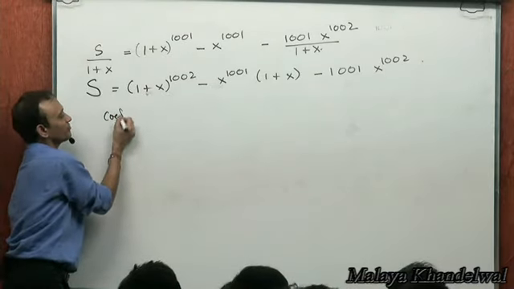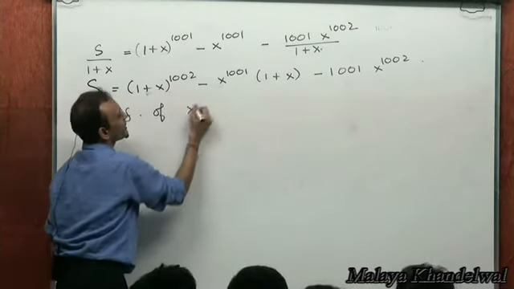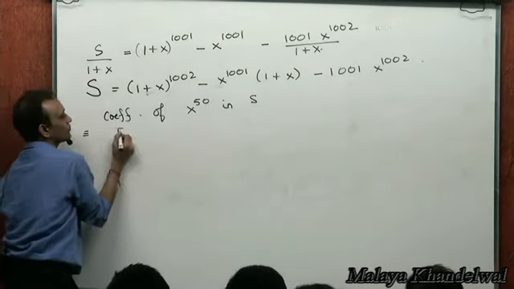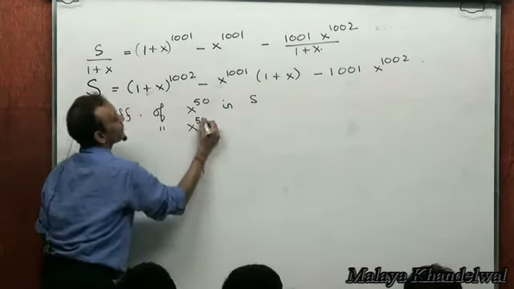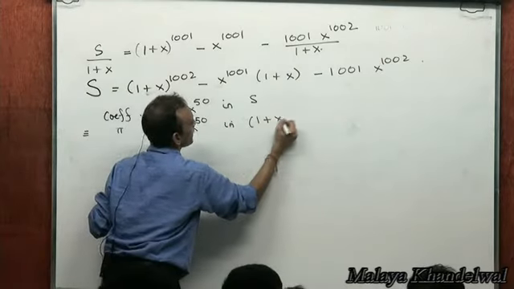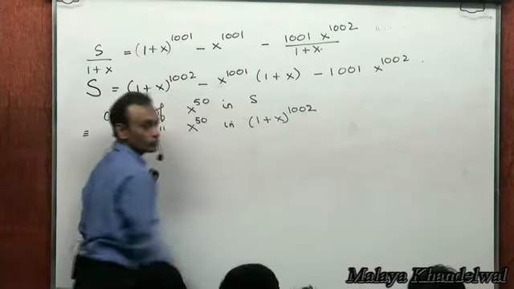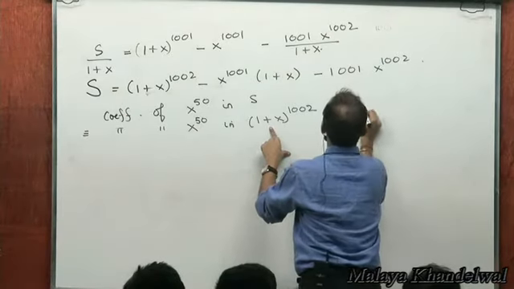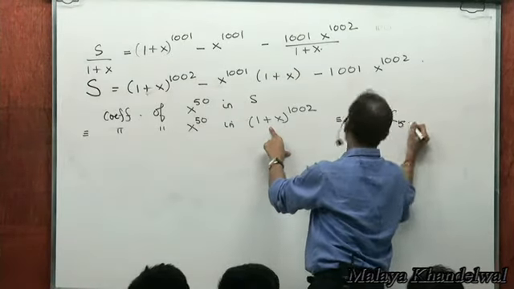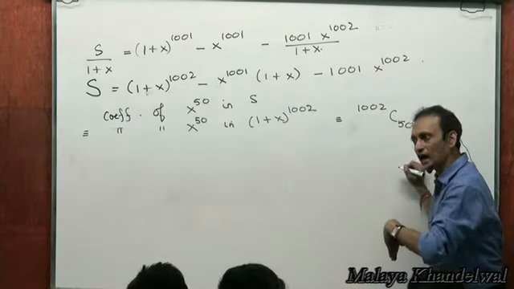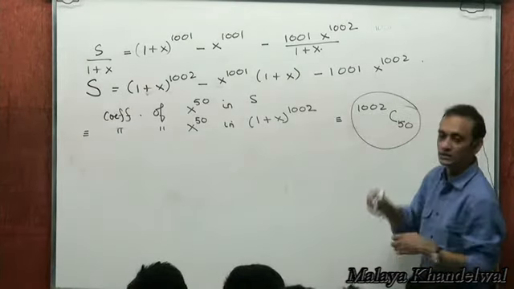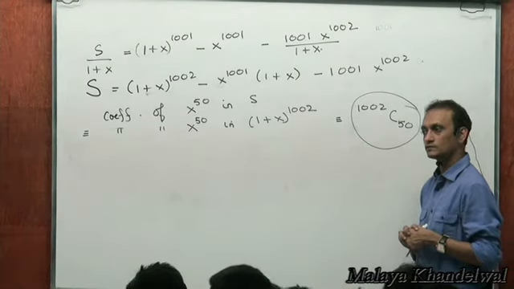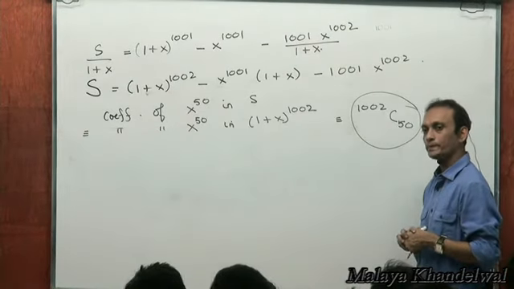So coefficient of x power 50 in s is actually the same as coefficient of x power 50 in 1 plus x to the power 1002, right? And the coefficient of x power 50 in this is actually 1002 c 50. Coefficient of x power r is going to be nCr. That's going to be the coefficient of x power 50. Got me?